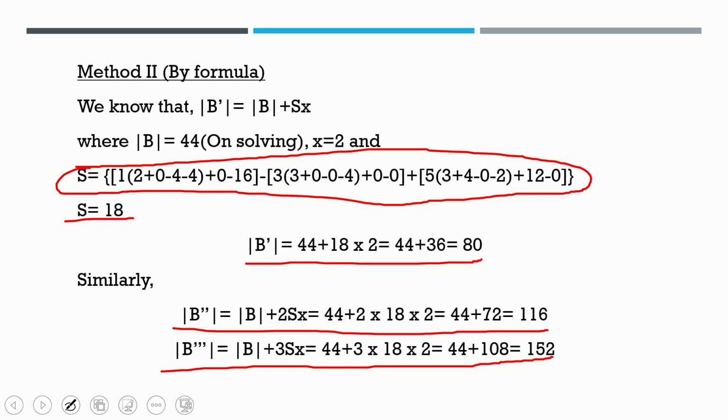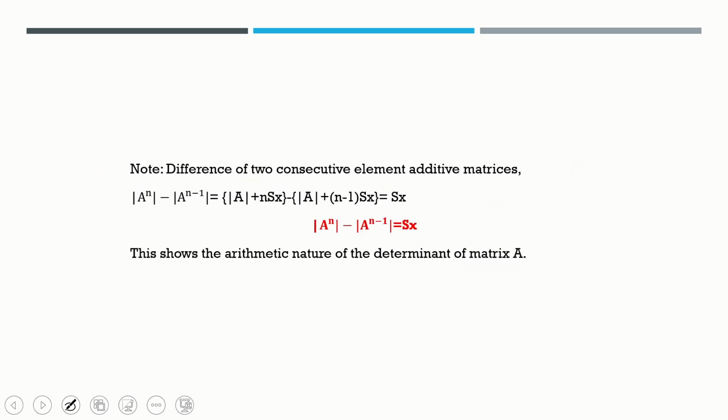Okay, so now one thing that is discussed here, you know, A dash is A plus Sx.